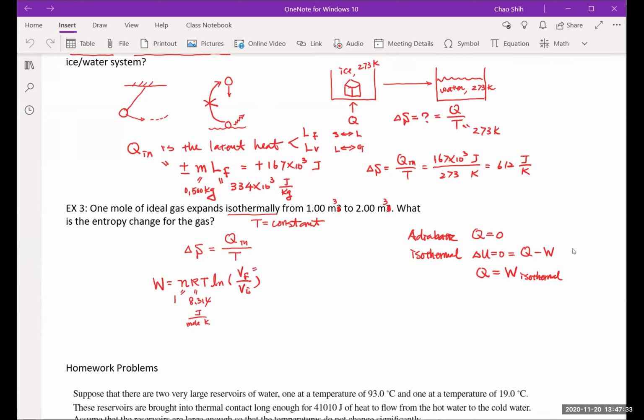And the final volume is 2 meter cubed. Initial is 1 meter cubed. Doesn't tell me the temperature, but let's just put everything together.